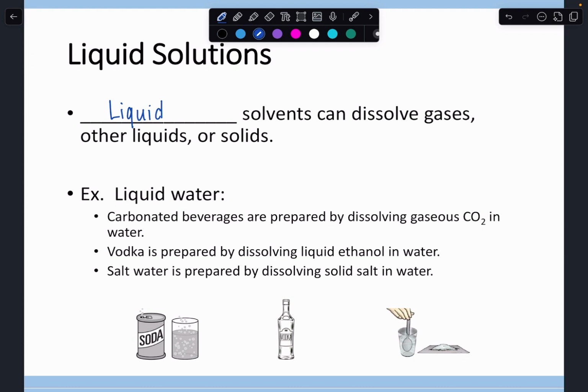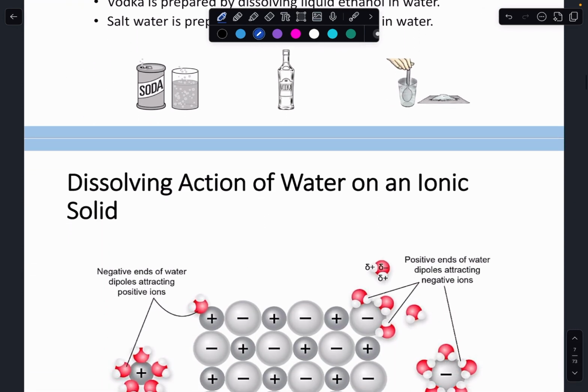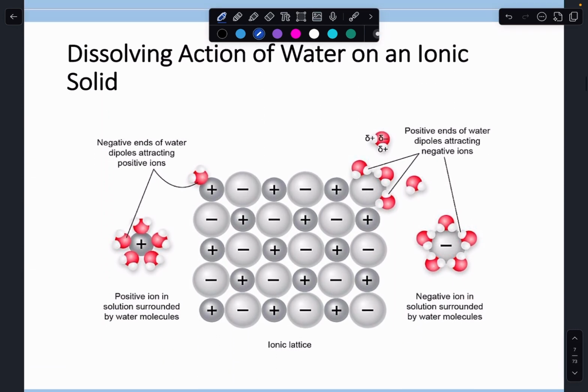A little bit about the salt dissolving process. We've seen this before. This is another visual to describe the dissolving action of water on an ionic solid. So remember, water is polar. It's represented right here. I'll also draw the Lewis structure. The hydrogen to oxygen bond is polar, with partial negative near oxygen, partial positive near the hydrogens.